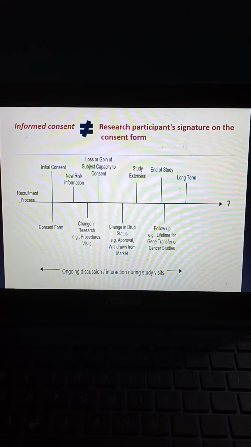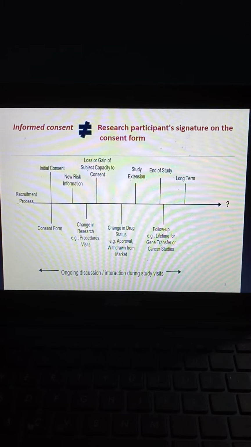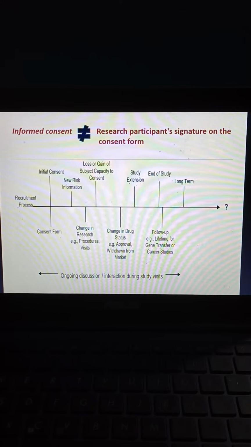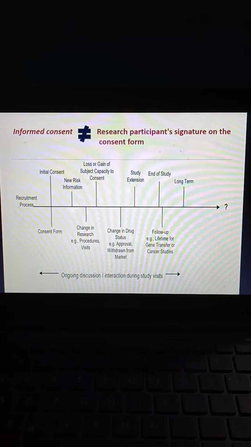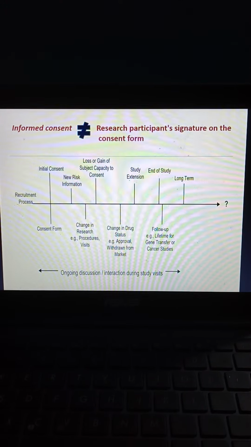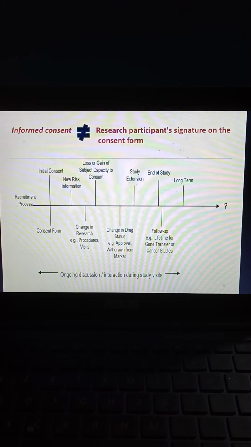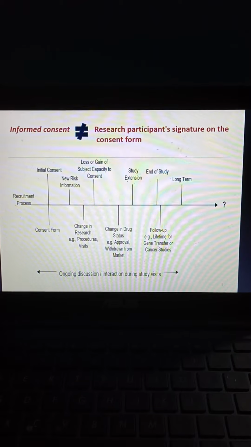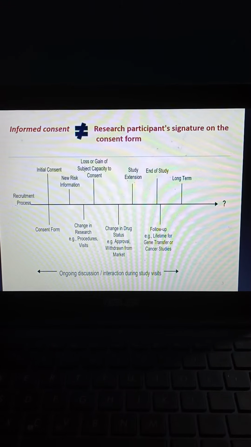Then loss or gain of subject capacity to consent, then change in drug status, for example approval, withdrawn from market, then study extension, then follow-up is the lifetime for gene transfer or cancer studies.